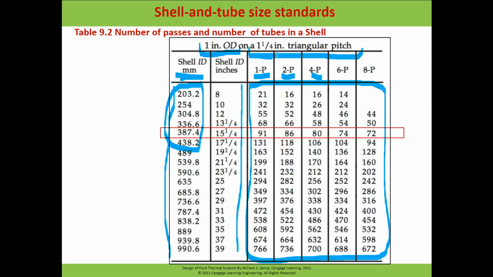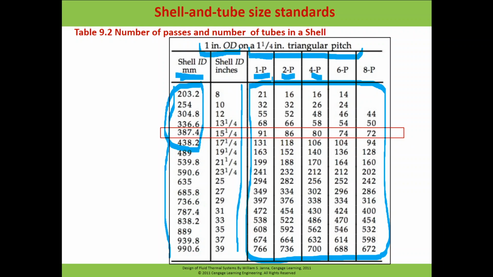And then we can see how many tubes can be accommodated in the shell. For 1 pass it is 91, for 2 pass it is 86, for 4 pass it is 80. So similarly, for any inner diameter of the shell, we can get the number of tubes.